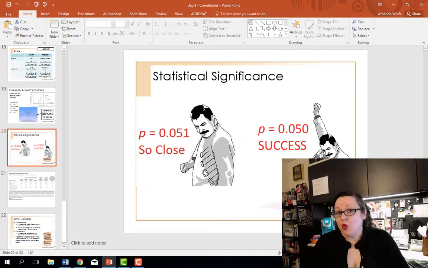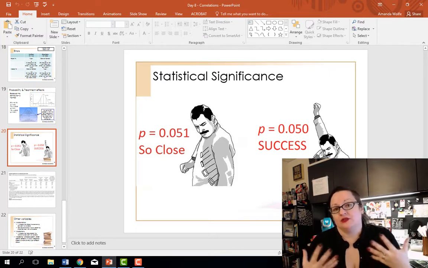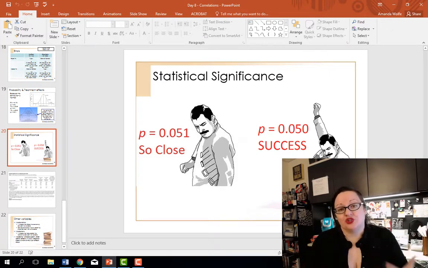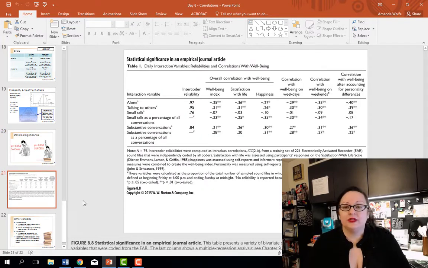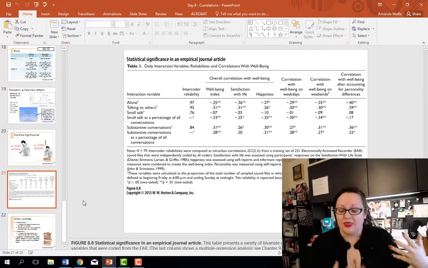But if it's more than 0.05, if it's greater than a 5% risk of a type 1 error, then that's not good. And we're going to call your results garbage, basically. They're not statistically significant, so they don't actually exist because there's too much chance of error. Now in your correlation PowerPoint, there is a whole slide with some example results, and hopefully you can use what you now know to interpret that slide.